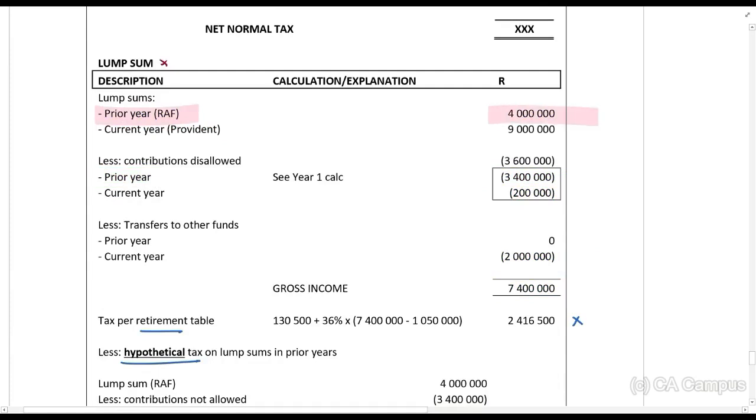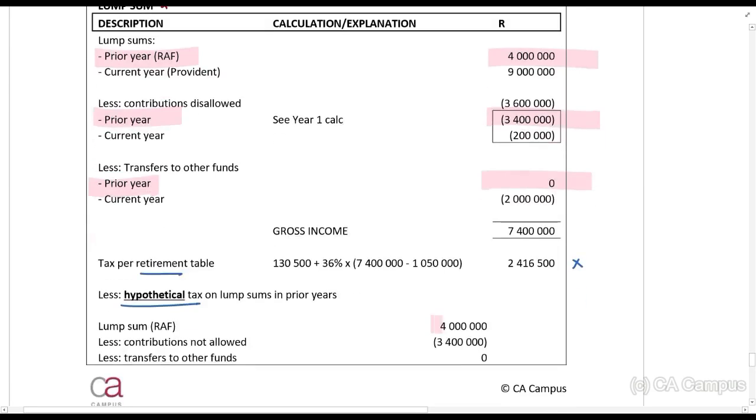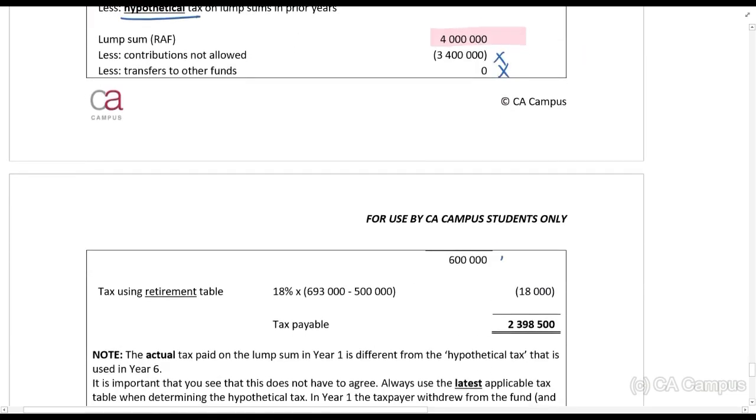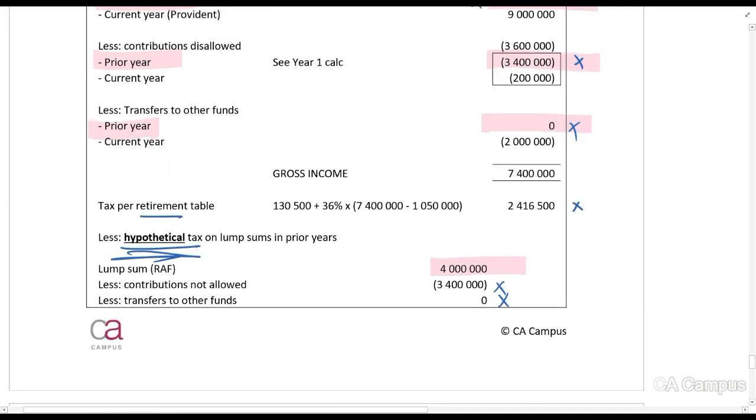Prior year, prior year, prior year. Can you see? 4 million, 3.4 million, and 0. So you say, what was the taxable income in the prior year? 600,000.